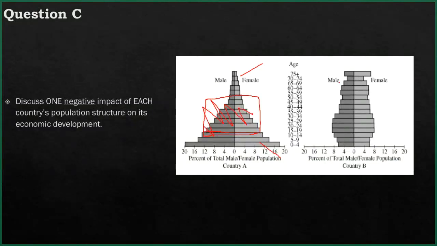Now, Patrick, can you give me a negative on country B? Patrick, give us one negative impact of country B's population structure on its economic development. We're looking at this one right here, man. Sorry, honestly, I can't hear you.